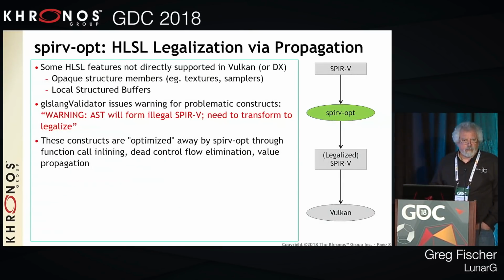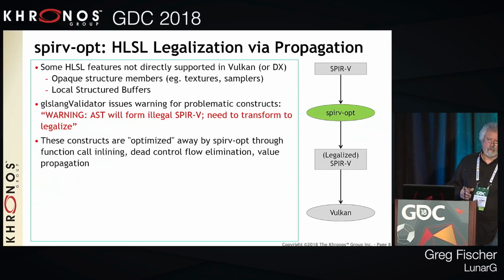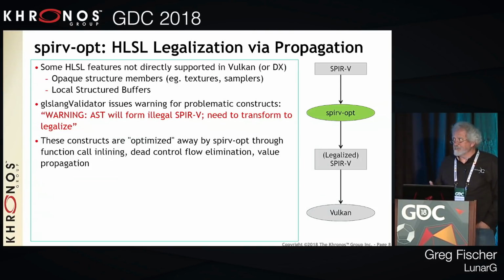I'm going to give just a couple examples of some structures in HLSL that do require transformation. When the glslang validator compiles HLSL, if it finds one of these constructs, it will even evoke a message saying that legalization is required.